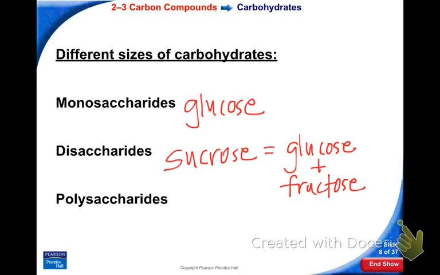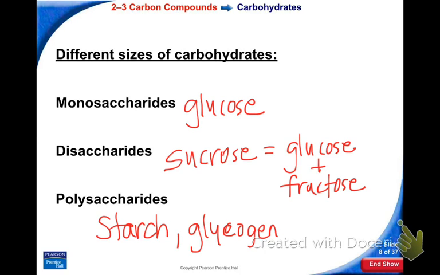And polysaccharides are going to be really long molecules like starch and glycogen, and cellulose.